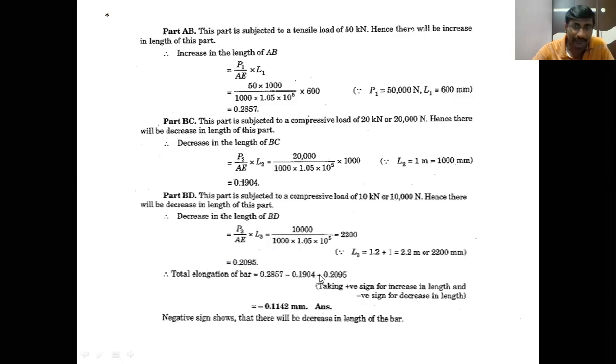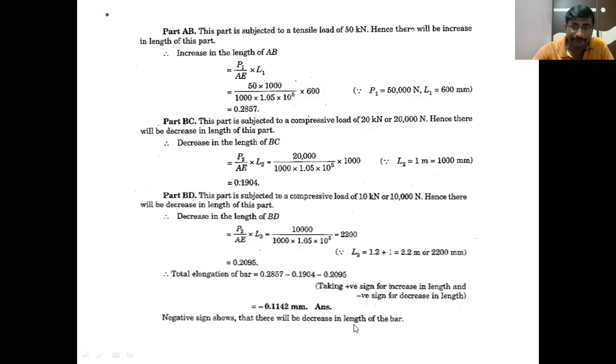It is a negative one. And 0.2095 is also negative, because we take a positive sign for increase in length and a negative sign for decrease in length. So totally we get minus 0.1142 mm. What does this negative sign represent? The negative sign shows that there will be a decrease in length of the bar.